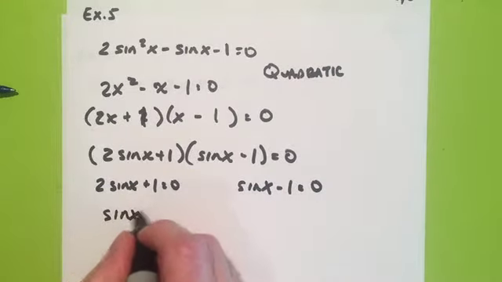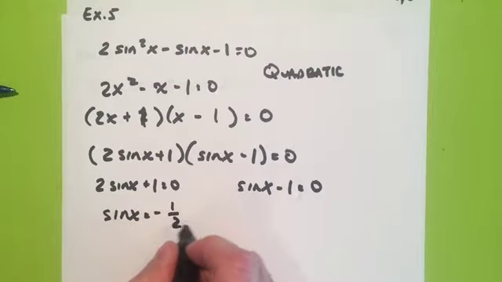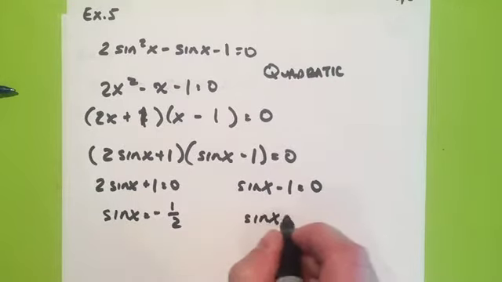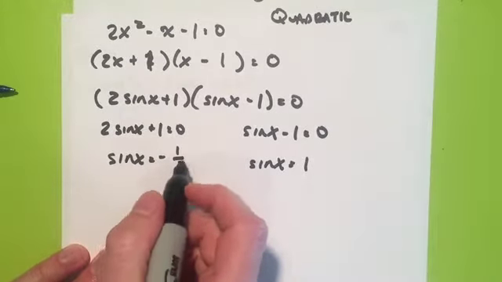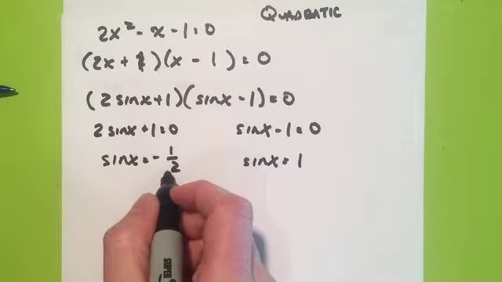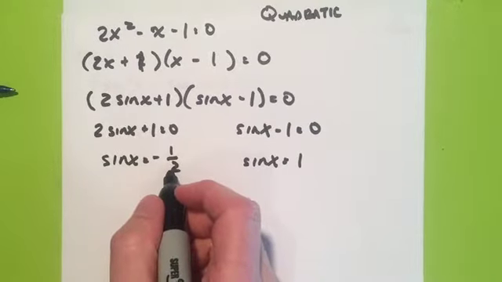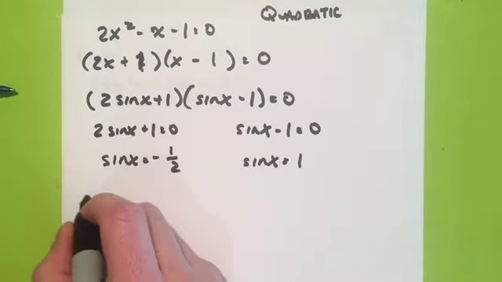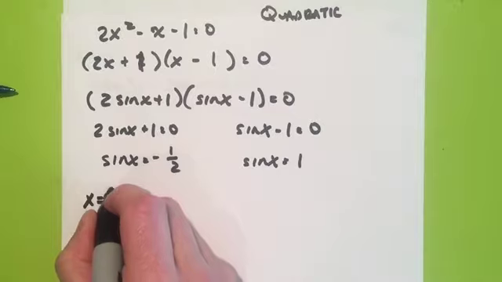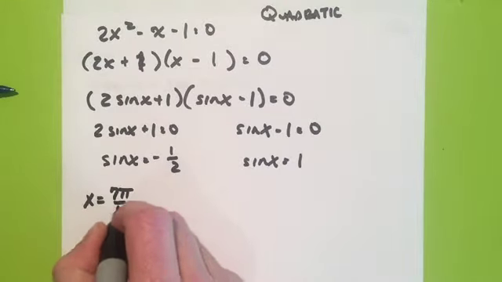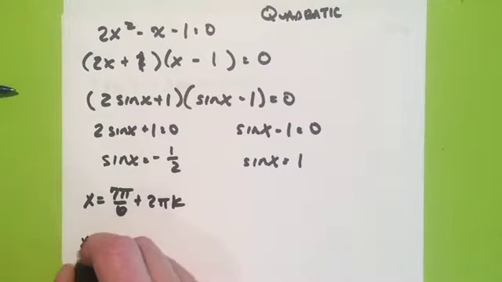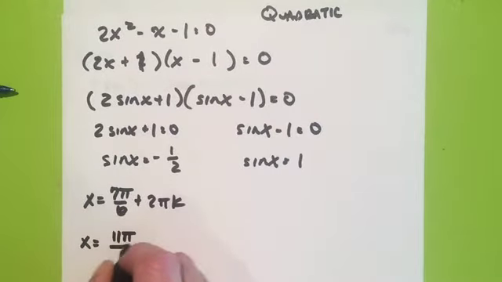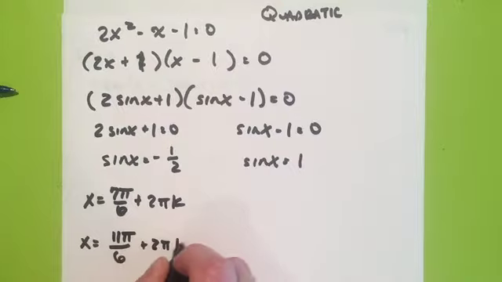Solving, we have sine of x equals negative 1/2. We have sine of x equals 1. We know that sine is negative in quadrants 3 and 4. Negative 1/2 has pi over 6 as the reference angle. So we have x equals 7 pi over 6 plus 2 pi k, or x equals 11 pi over 6 plus 2 pi k.